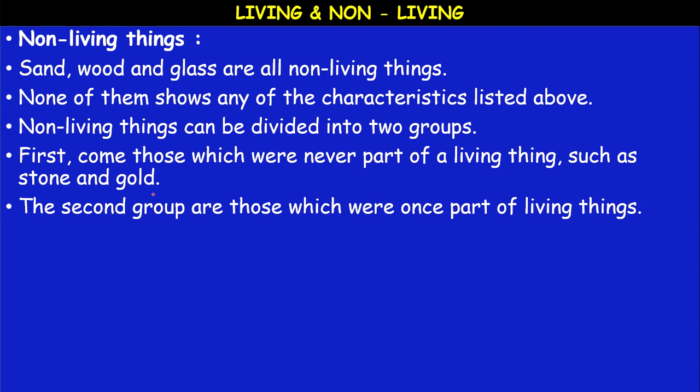The second group is those which were once a part of living things, just like wood, coal. It is a good example. Coal is a good example for the second group. It is the thing which was once a part of a living thing.